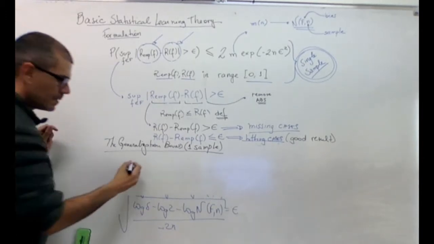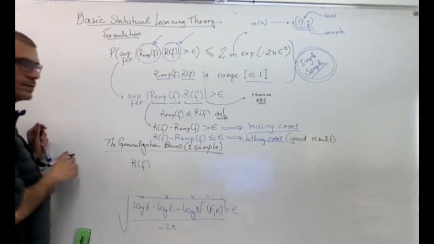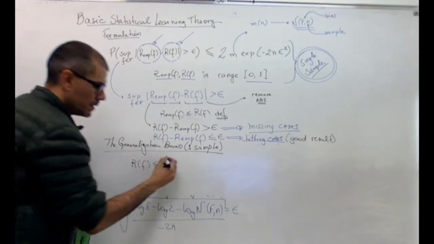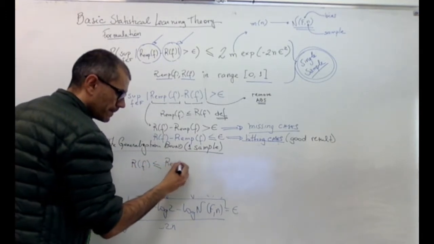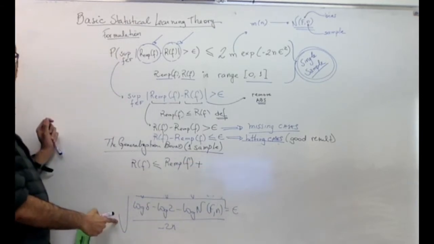So for a single sample, the expected risk is less than or equal to the empirical risk plus this epsilon term.